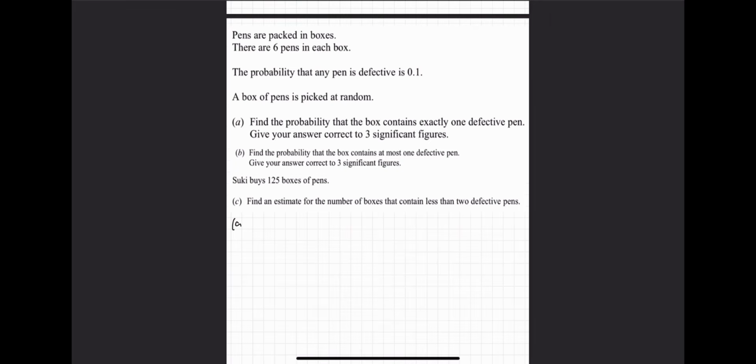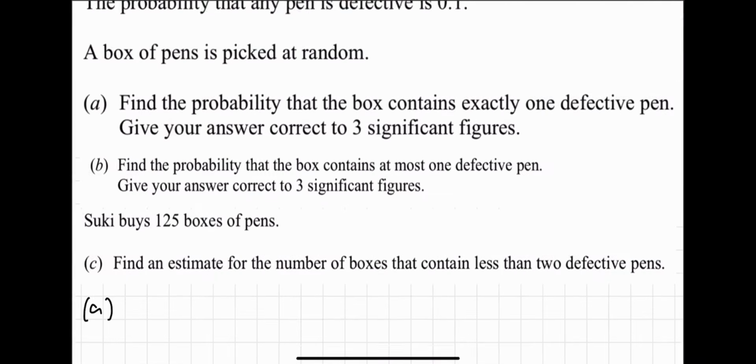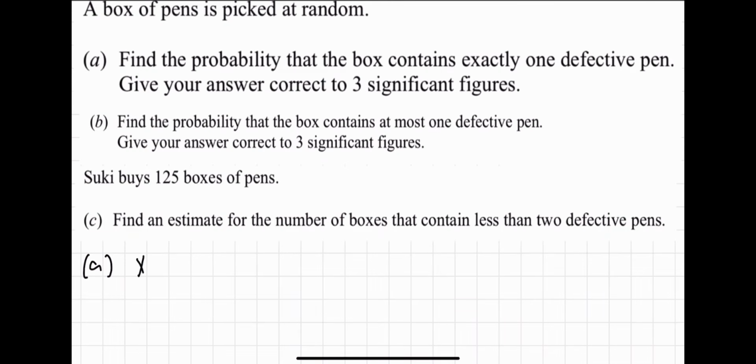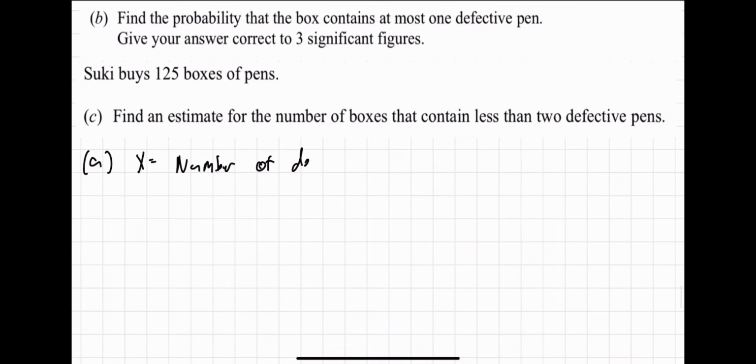Okay, so in this case, we're looking at defective pens. We're trying to find how many pens are defective. So I'm going to write x equals number of defective pens. And we know X follows the binomial distribution of n, p.